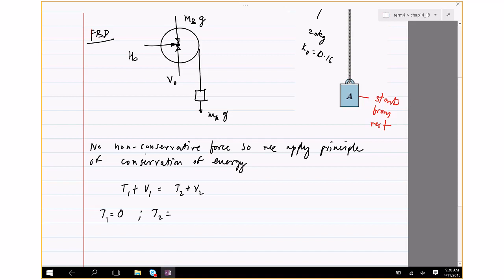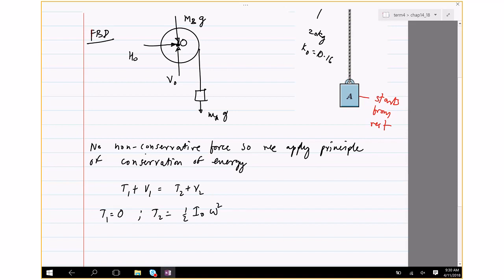What's the kinetic energy of the whole system? There is a pulley and then there is a mass. So the pulley rotates about O. So it's rotation about a fixed axis. So when something rotates about a fixed axis, the kinetic energy is always half I O omega square, right?